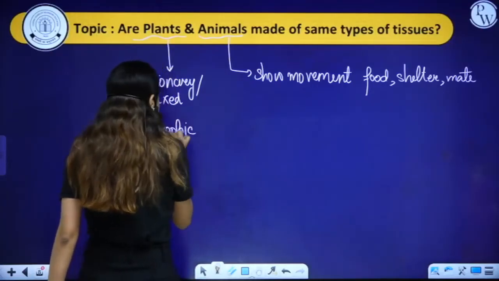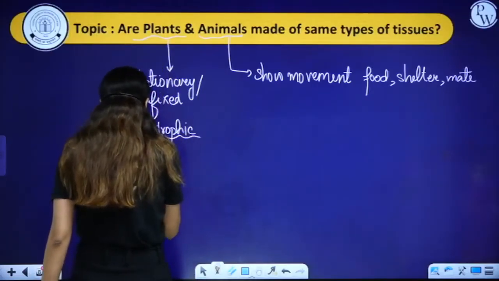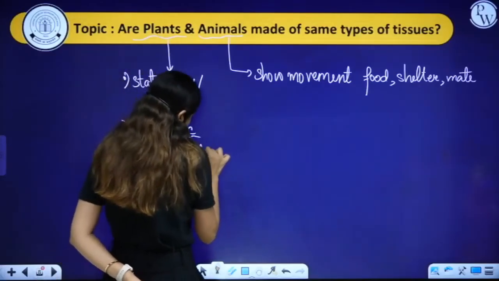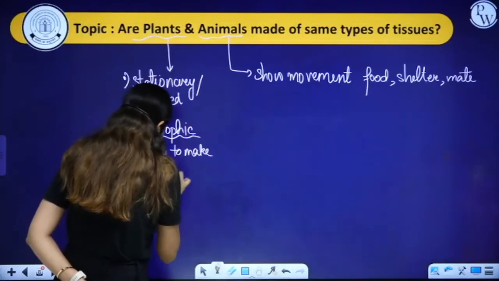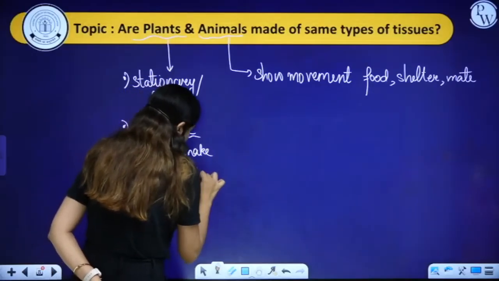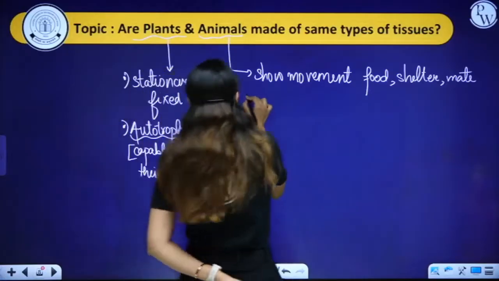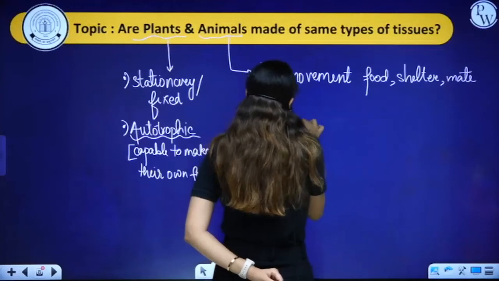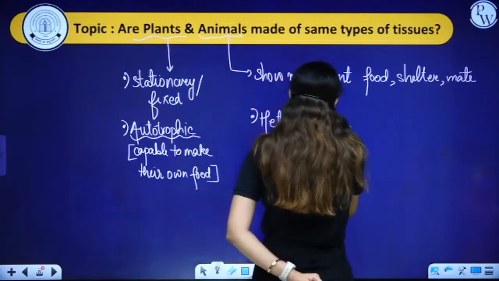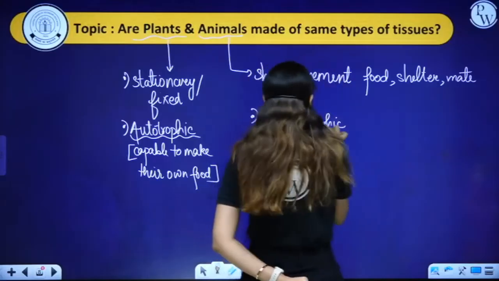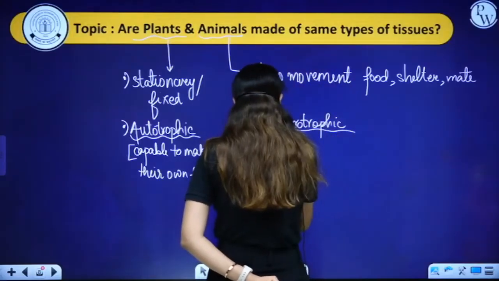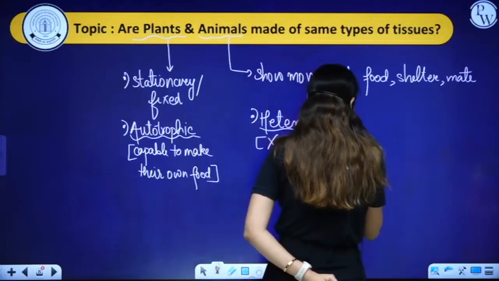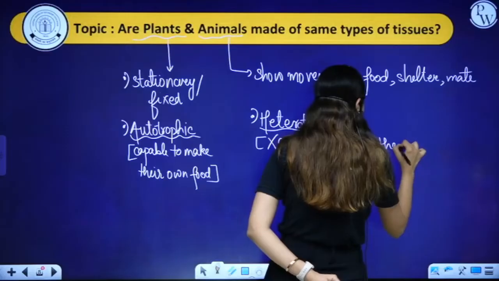Autotrophic means they are capable of making their own food, and hence we can say animals are heterotrophic. Heterotrophs means the animals which are not capable of making their own food, right? Making sense to all?